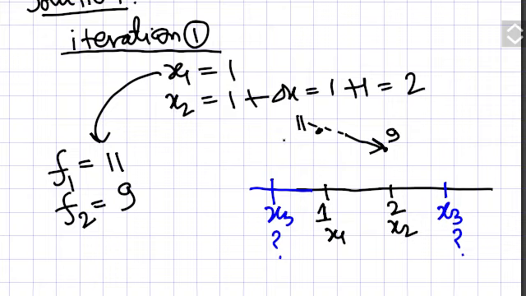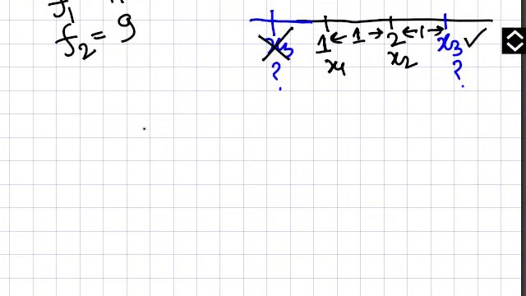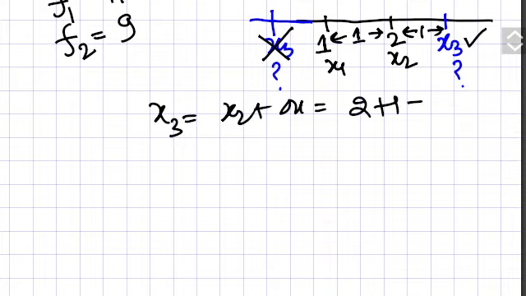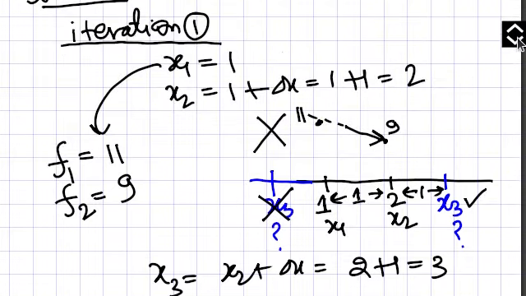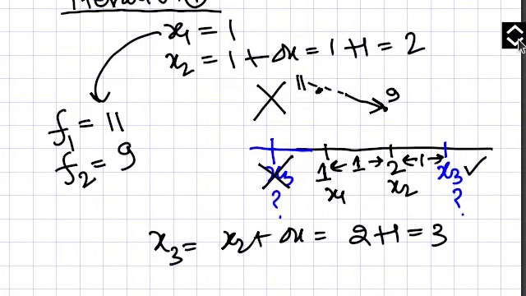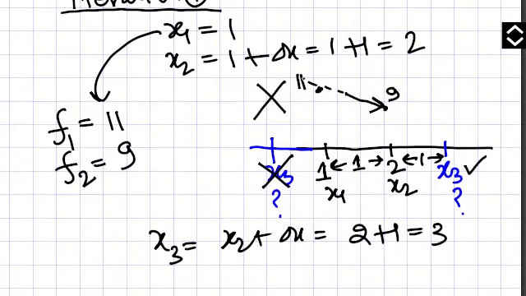So you can say that the minimum cannot be here, so no question of taking this point as x3. We will take this point x3. So step size is 1, so naturally x3 will be x2 plus step size, 2 plus 1 equal to 3. So this way we decide 3 points, x1, x2 and x3. This is the idea of where to take the x3 point.